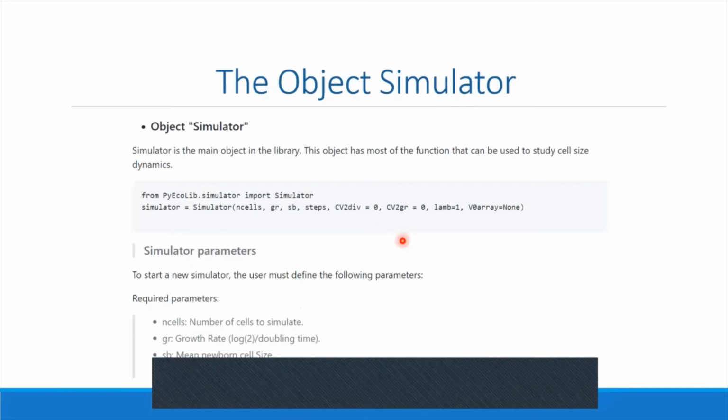The first thing you're going to learn is how to use the simulator. To import the PyEcoLib library, use the command from PyEcoLib.simulator, with P, E, and L in capital letters, and simulator with no capital letters, import Simulator with a capital S. This function, the simulator, is a class that needs these parameters.